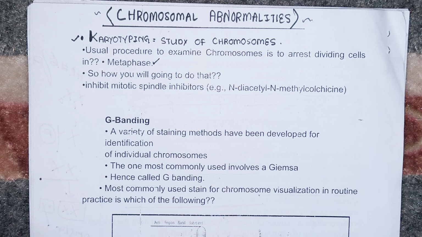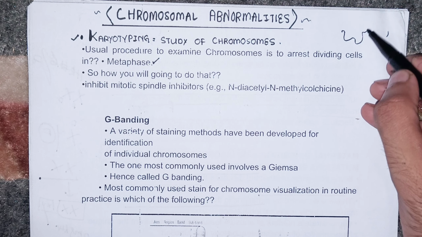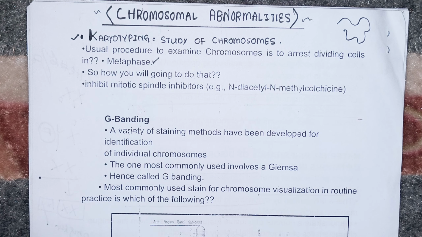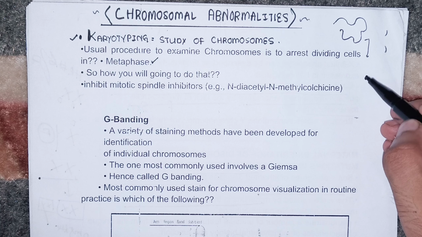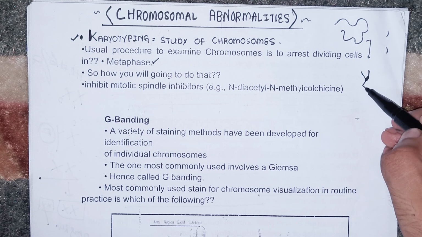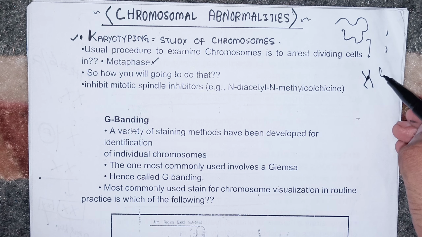Because in all the remaining stages, the cellular chromatin material, the chromosomes, are in dispersed form. They are present like this, and this is very thin, so it can't be visualized. Metaphase is the stage where this chromatin material gets very much condensed like this, and the chromosomes can be seen.